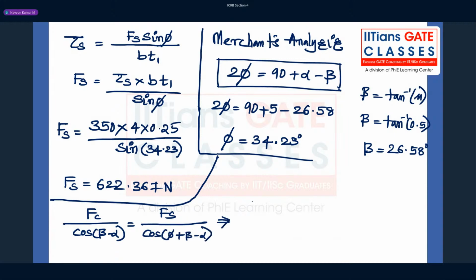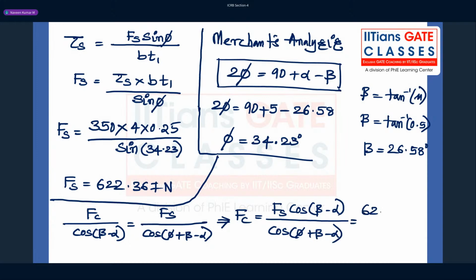So from here I can write Fc is equal to Fs into cos beta minus alpha divided by cos phi plus beta minus alpha. Substitute all the values, we'll get the answer. What is Fs? 622.367.